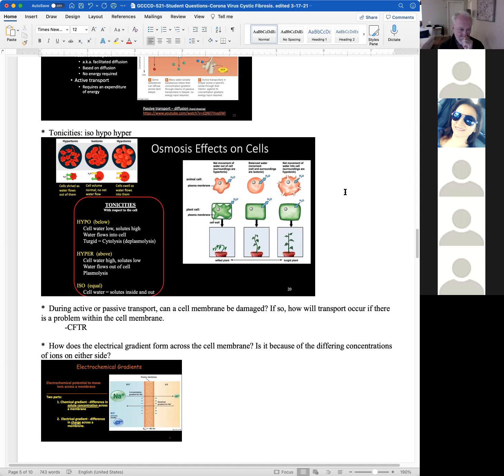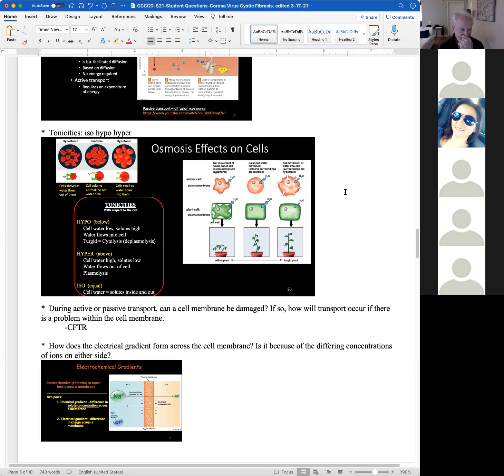Hyper means excited, above, over. And so you put hyper with tonicity, and you're asking which of these things has the high solute. Iso means equal.